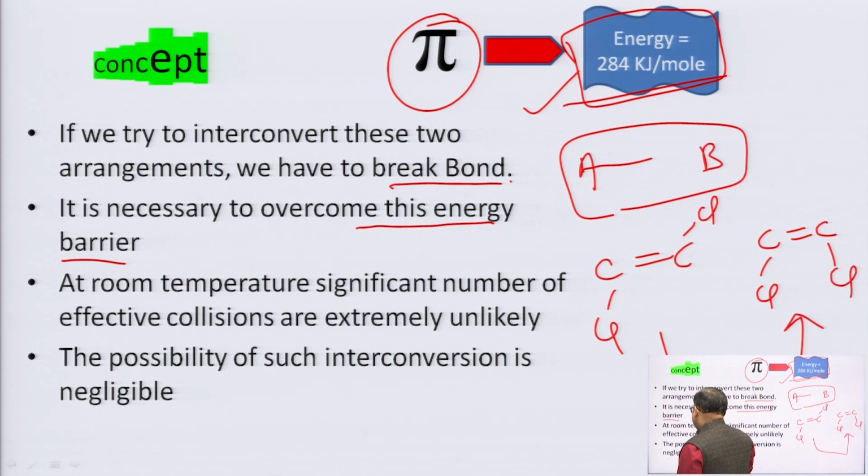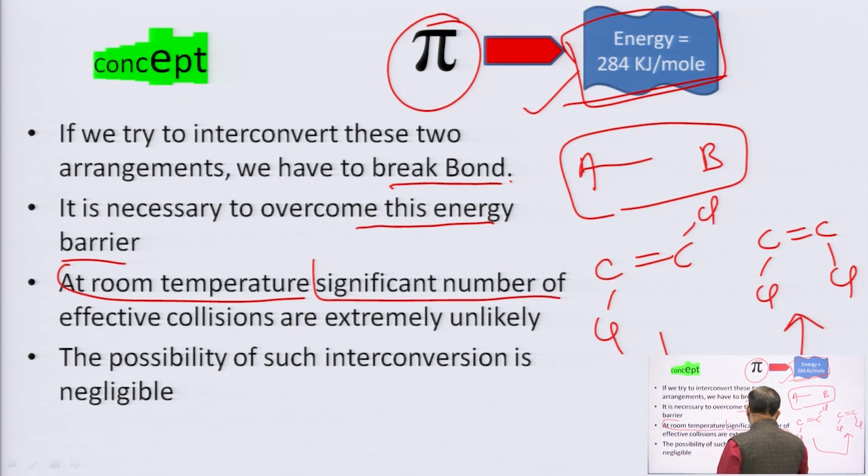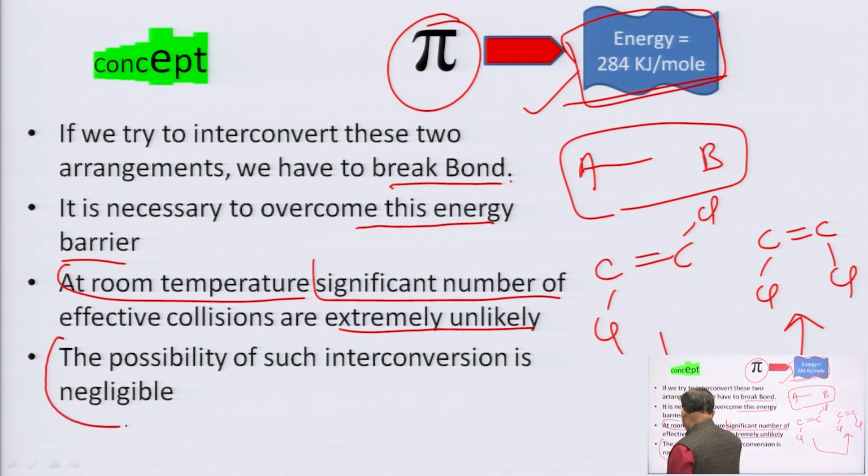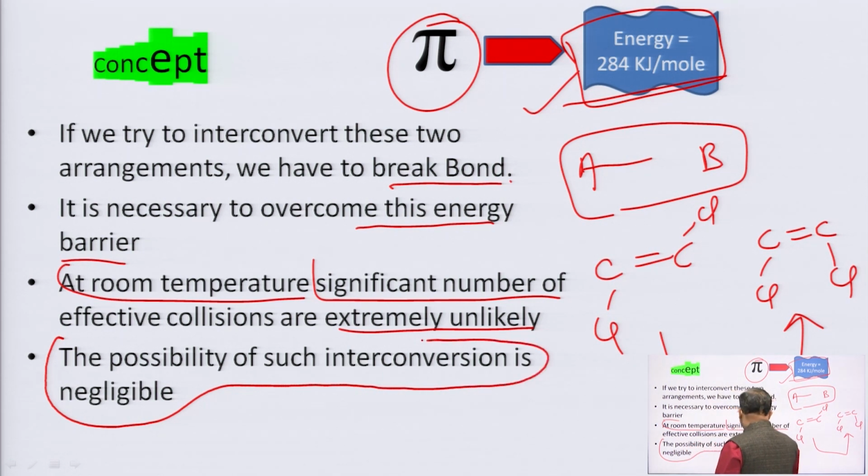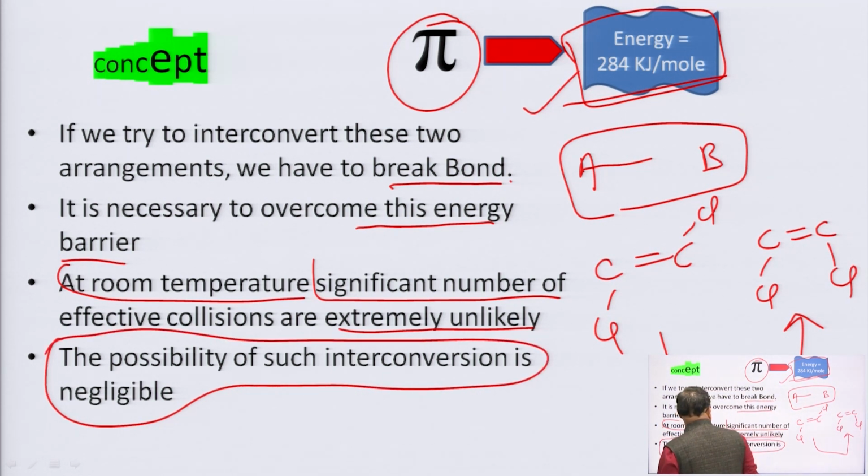And my dear students, at room temperature, the number of effective collisions is very small, they are extremely unlikely, they do not take place. So, the possibility of such interconversion is negligible.